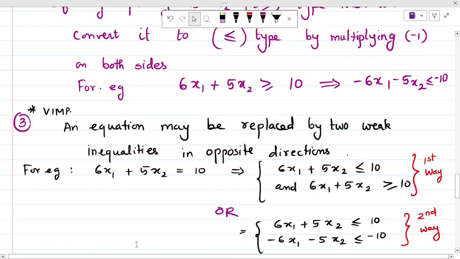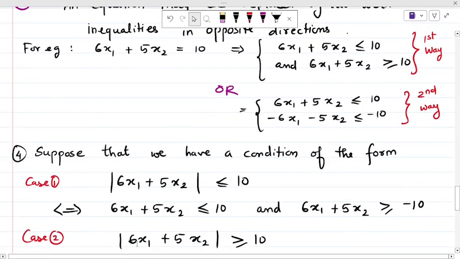If there is an equality, we can change it by taking it as a greater than or equal to and less than or equal to sign, and accordingly we can adjust what type of inequality we want depending upon the objective function, whether it is maximization or minimization.